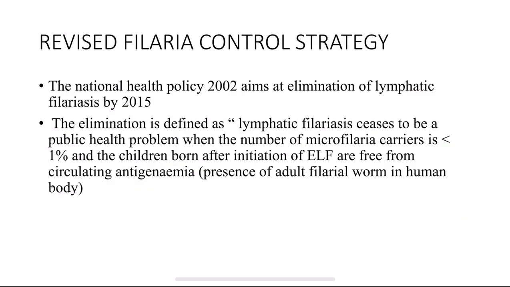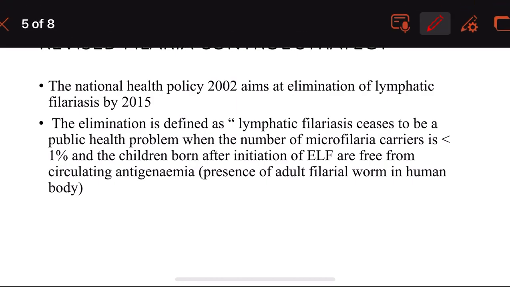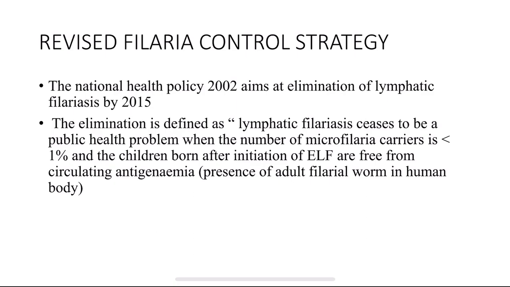Next, moving on, the revised filaria control strategy, wherein the elimination of lymphatic filariasis was aimed by the end of 2015. They expected to cease lymphatic filariasis as a public health problem. Second, the filaria carriers should be less than 1, and the children born to lymphatic filariasis infected people should be free from antigenemia. This was the aim.